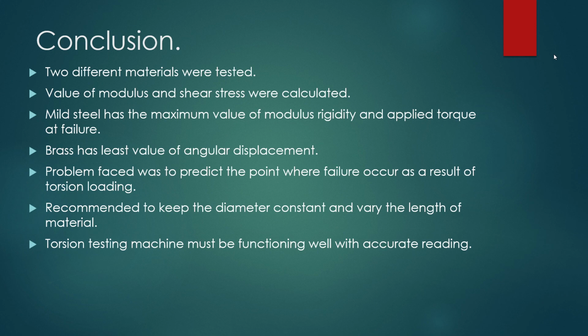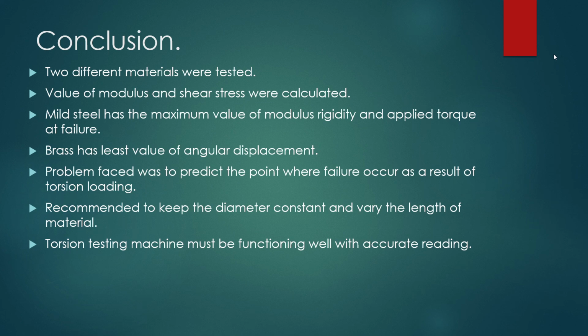Mild steel has the maximum value of modulus of rigidity and applied torque at failure, which means that mild steel is a stronger material compared to brass as it withstands higher shear stress. Brass has the least value of angular displacement at the fracture. It shows that it has the lowest ductility compared to mild steel.